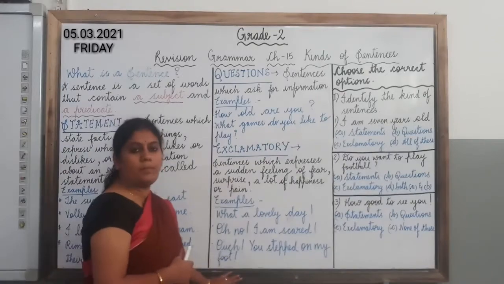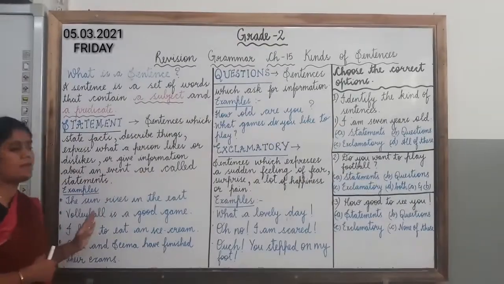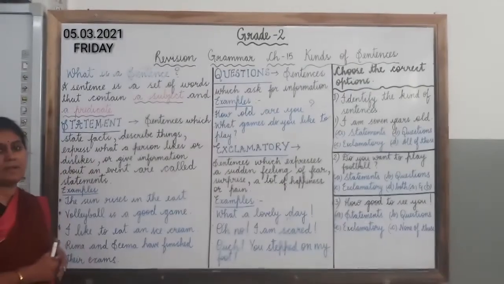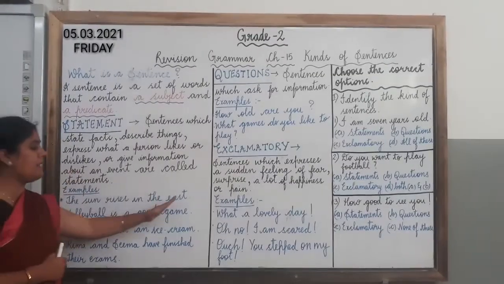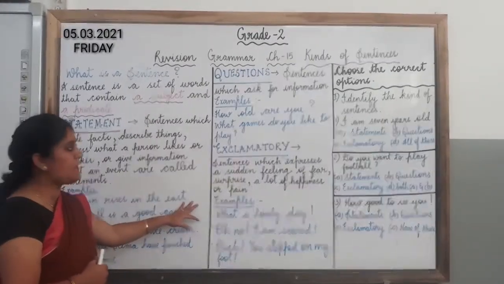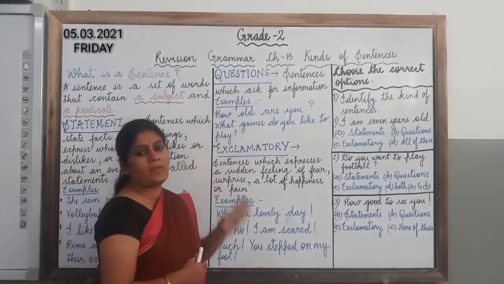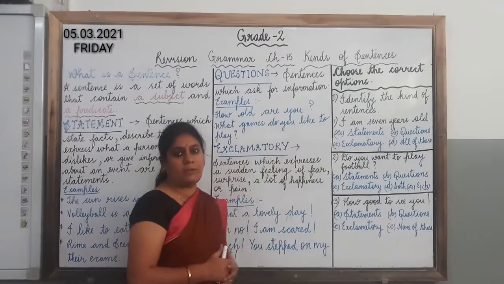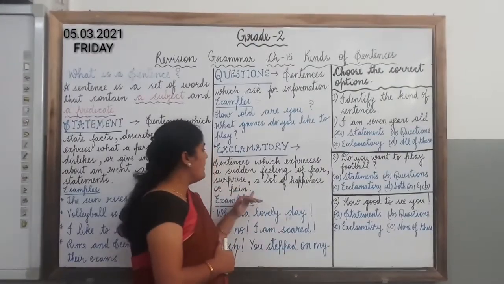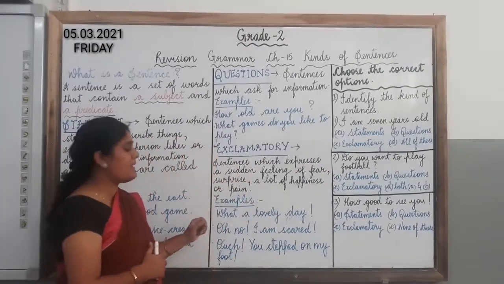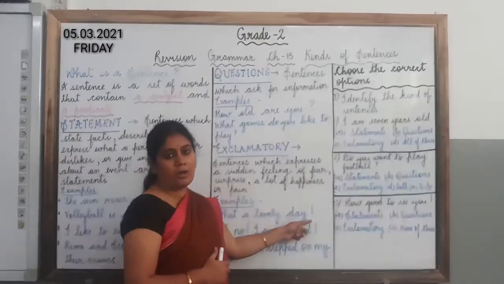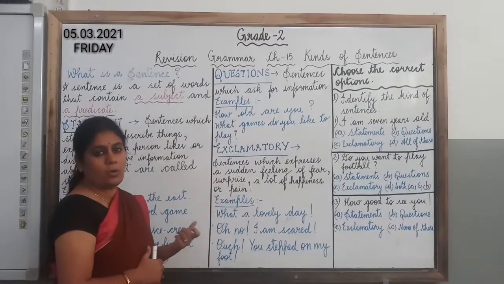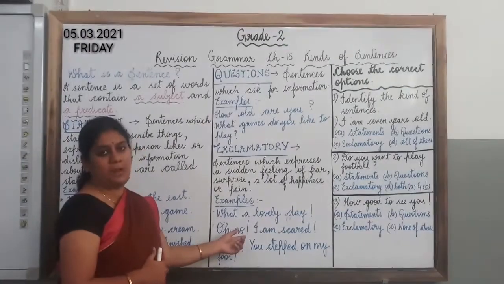So children, I hope you have understood all the three kinds of sentences. Statements, at the end of the sentence, full stop is used. In questions, at the end of the sentence you will find question mark, and about the exclamatory sentence, at the end of the sentence or at the end of some words like ouch, oh no, you will find exclamation mark.